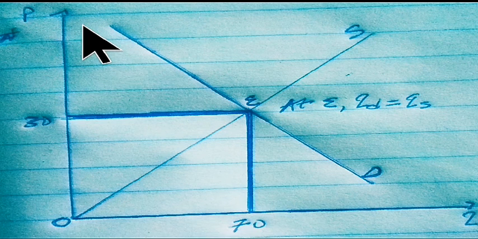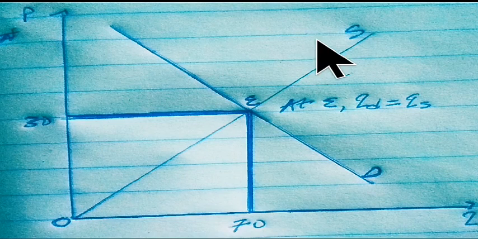This is the graphical presentation of the mathematical or algebraic solution to demand and supply we just did on the former page. Here we see the market clearing price, or the equilibrium price, of 30 naira along the price axis. Along the quantity axis, we see the equilibrium quantity of 70 kg.